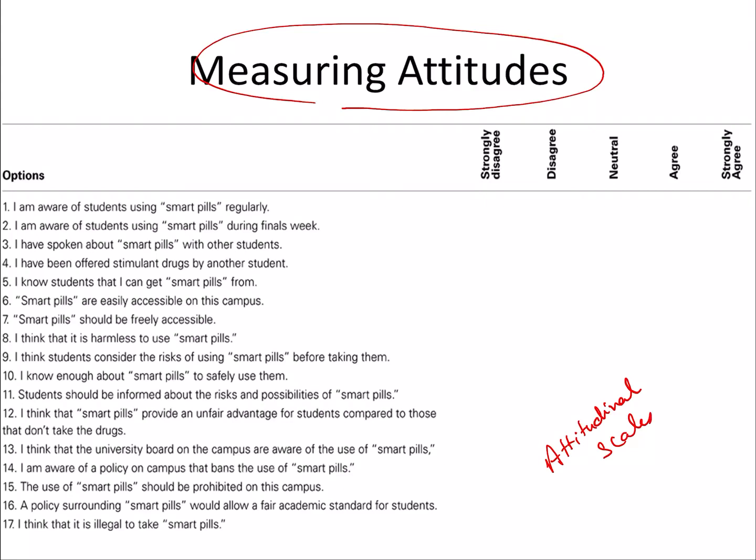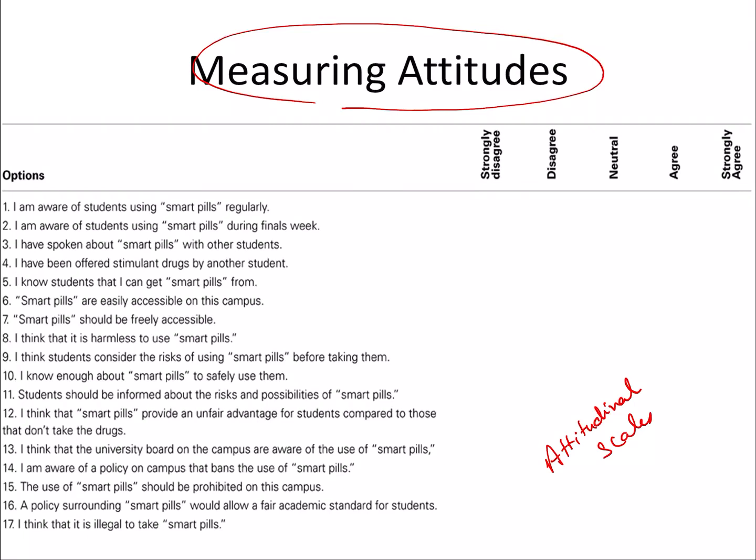And the reason you set up attitudinal scales is if you walk up to someone and ask them, hey, are you a racist or are you a sexist? How likely is it that you'll get an honest answer? Okay, if some of you are chuckling, well, I was hoping that it would be a little funny. But anyway, the point is, you can't ask people that question because you'll not get an honest answer most of the time.